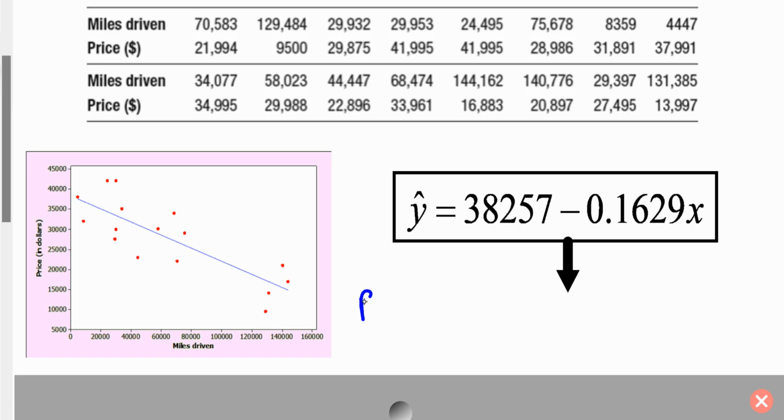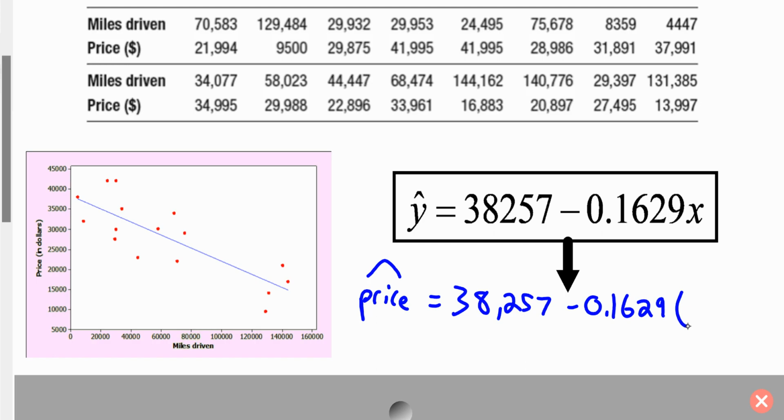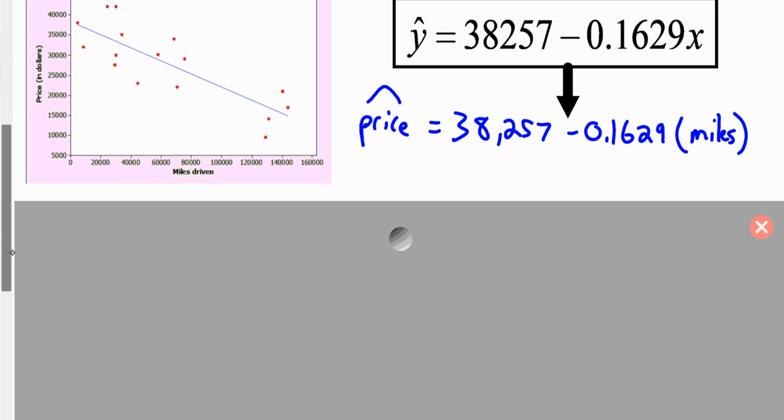So they would say price hat equals 38,257 minus 0.1629, and instead of x, they'll say miles. So just know that that is actually common. You might see that written like that. No x and y, no variables, just the words for what they actually are.